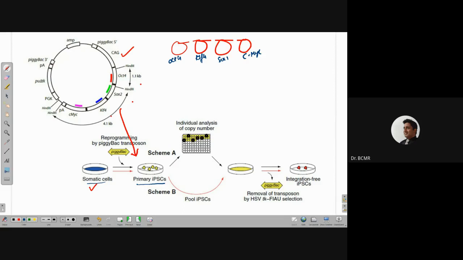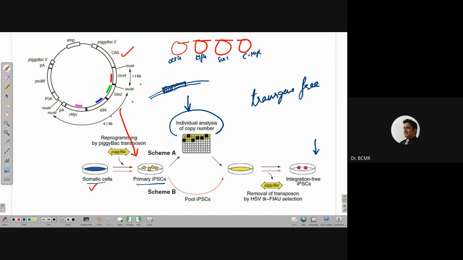So then from those, you will find some of them have changed to pluripotency. And then we have to analyze how many copies are there and where did they integrate, because that is important, because at the end, we want them to be transgene free, right? If we don't know where it got integrated, we don't know where to check if the transgene is present or not. Say the transposon has got incorporated into one location, say this one.